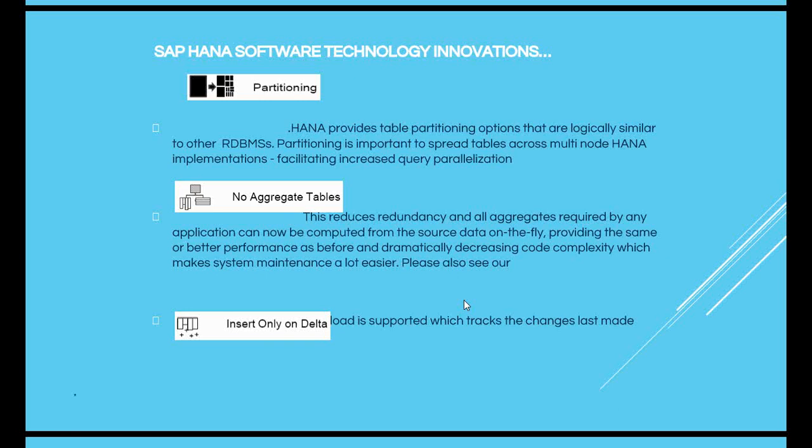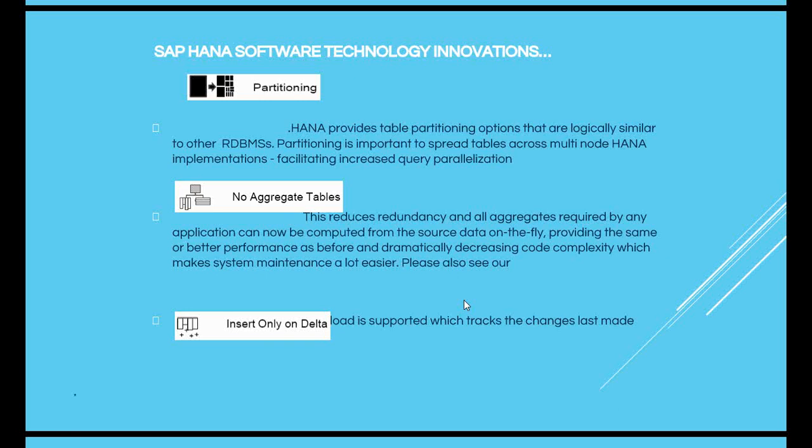Then we have no aggregate tables. What are these aggregate tables? Materialized aggregate tables are used to increase the performance of a database. But here HANA can compute the source data on the fly, and calculate the aggregates on such a huge amount of data without hampering the performance.